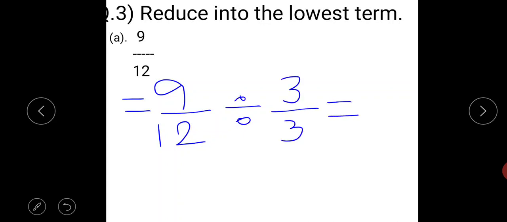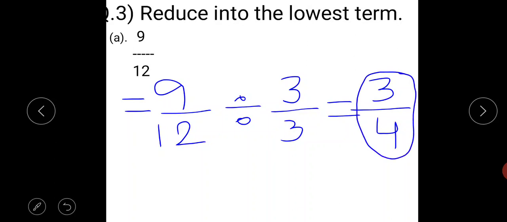So it is equals to, when 9 divided by 3, it is equals to 3, and 3 4s are 12, so 3 upon 4. Now we cannot further divide 3 upon 4 by same number, so 3 upon 4 is fraction in lowest term.